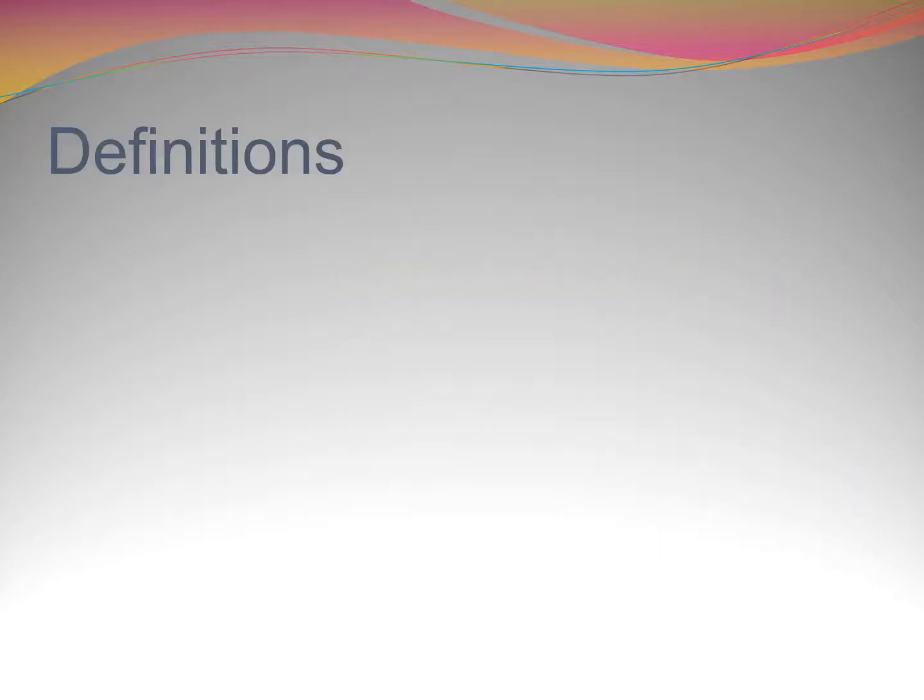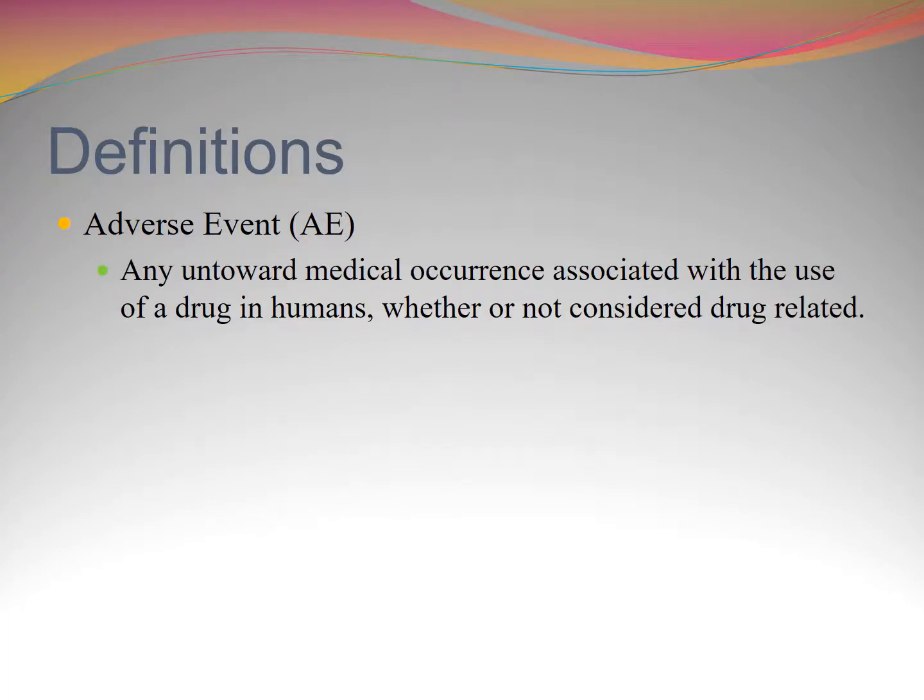Let's start with some basic definitions. Some of this is going to be review, such as in the case of adverse event. We've been talking about these for ages now. As a reminder, it's any untoward medical occurrence associated with the use of a drug in humans, whether or not related to the drug.